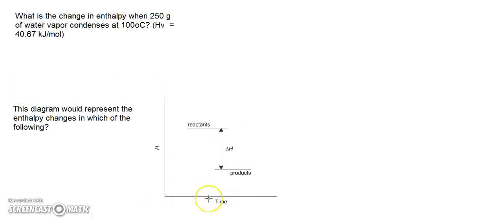Okay, next one. Couple more here. What is the change in enthalpy when 250 grams of water vapor condenses at 100 degrees? When I copied and pasted these, the degree sign kind of looked funny. This is degrees Celsius, and you get the enthalpy of vaporization, HV, is this.